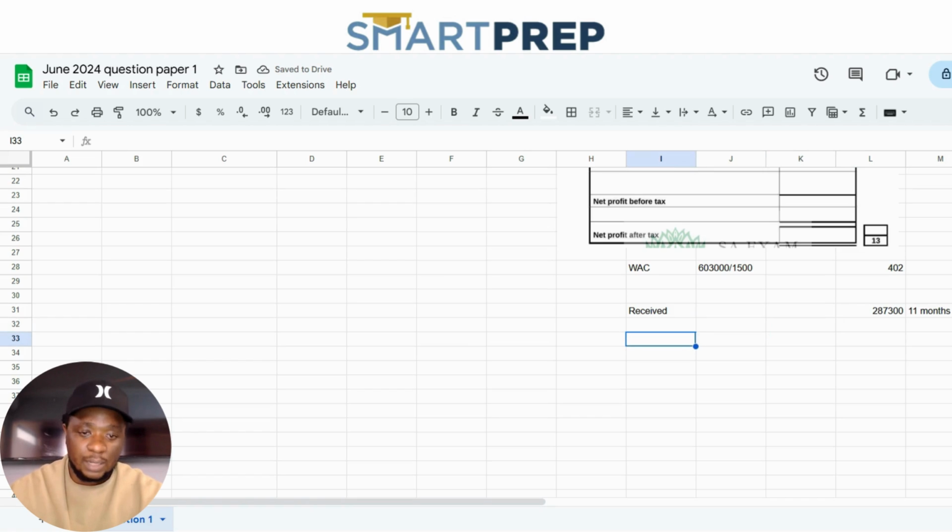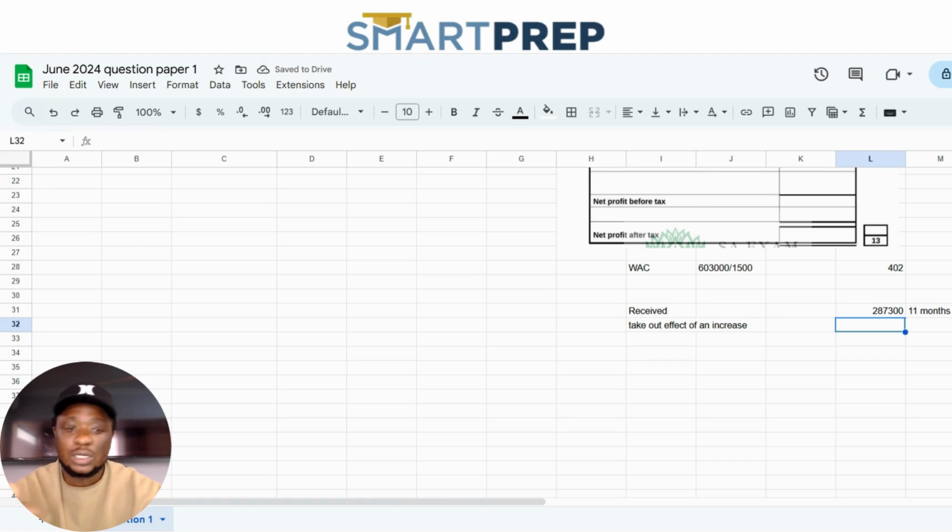But then we need to remember that 10 of the 11 months obviously include rent at the rate before there was an increase of 1,300. So if you want to work out firstly the rate without any influence of increases, we need to take out the effect of the increase, which is 1,300, and that increase has only been valid for a month in these 11 months.